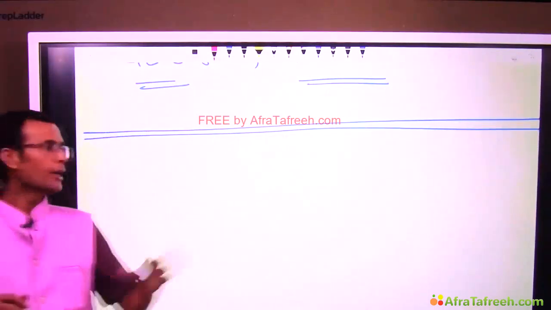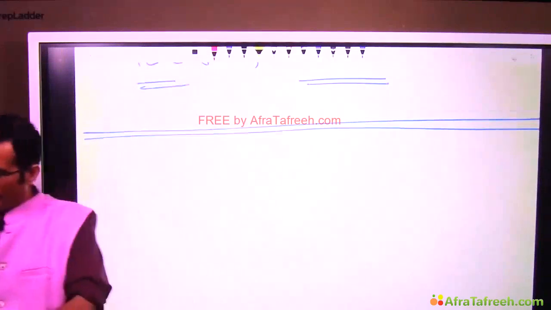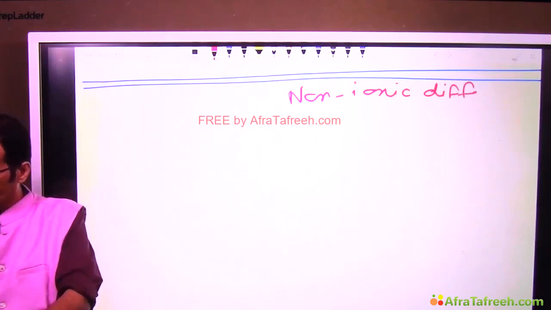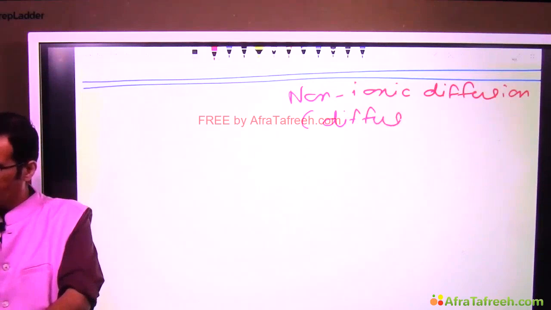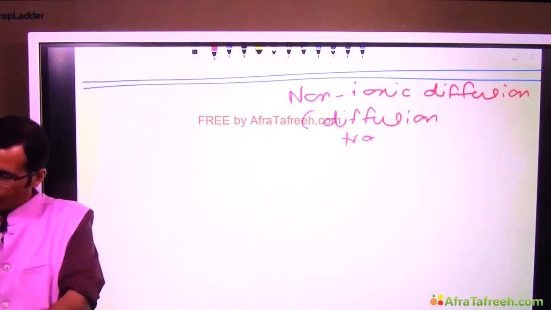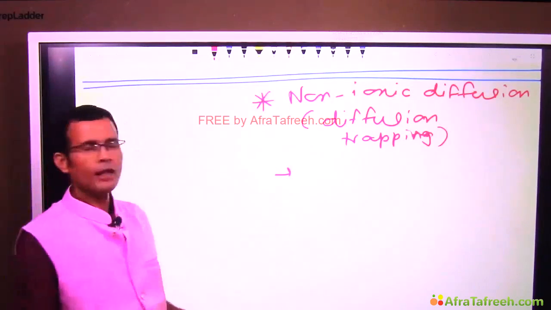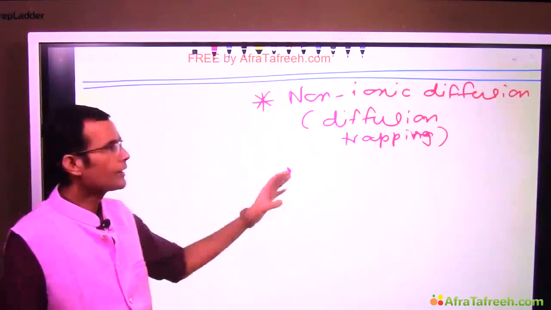So a special type that I wanted to mention in the end, non-ionic diffusion, is also called diffusion trapping. First thing, which substances are transported like this?